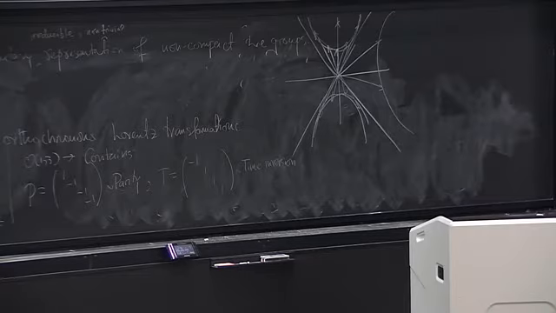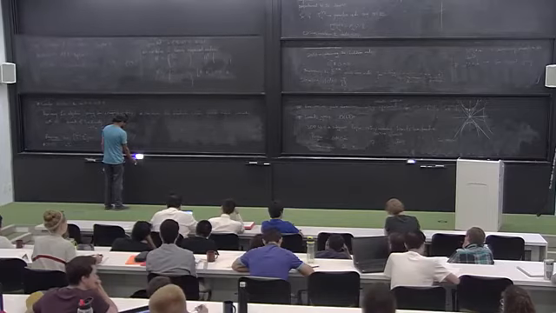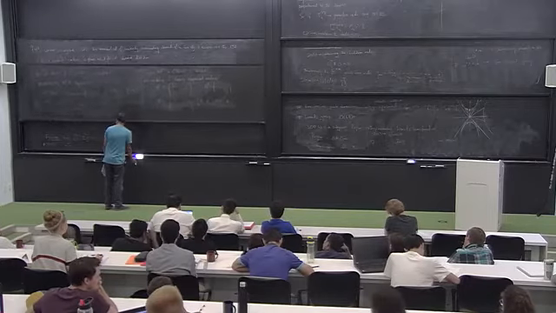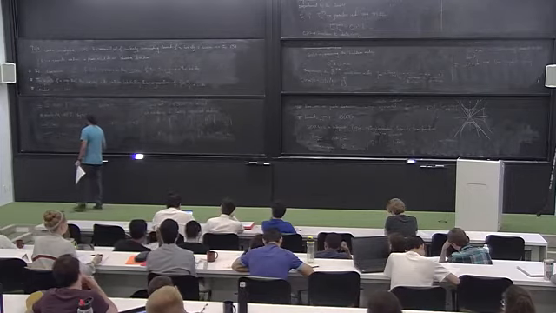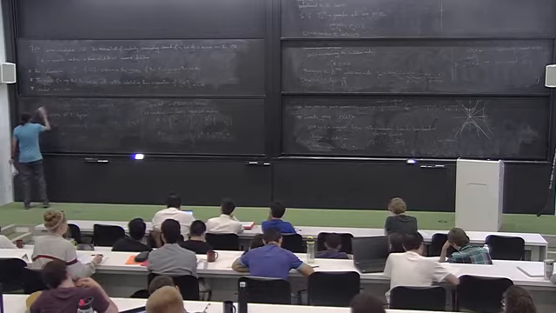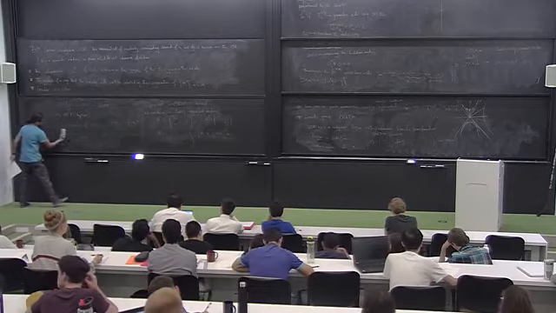So another application of the SO(n,m) groups are as the symmetry group of AdS spaces. So what is an AdS space?